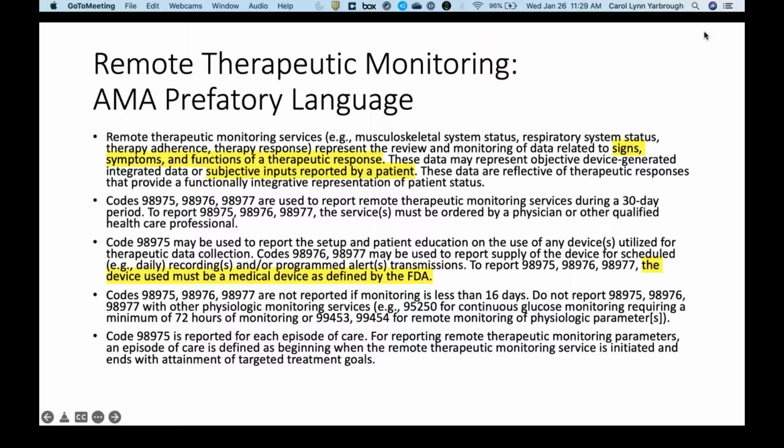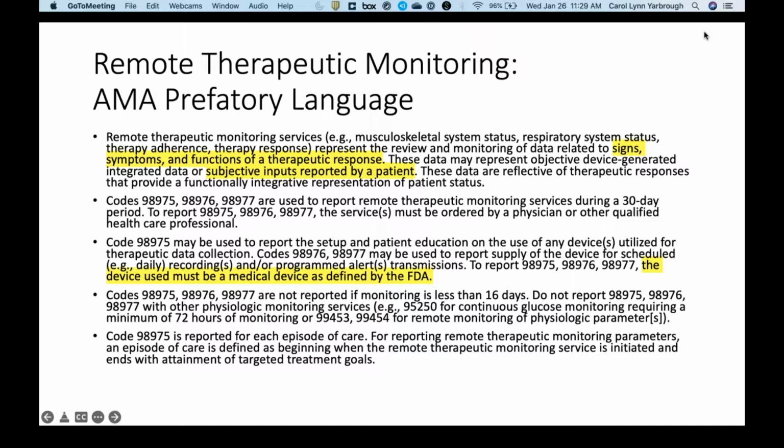But again, since these are not pulse ox or anything like that, there's no PHE lessening of when you must report. Like for RPM, if you report pulse ox within 2 days and the data is automatically uploaded, you can bill the training and then the device and upload practice expense in 2 days.